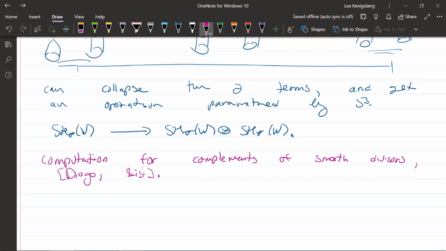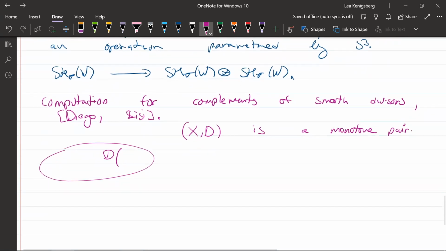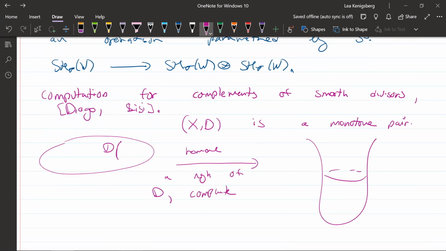The idea is if you start with a complex symplectic manifold X which has a submanifold, which I'll call D, and (X, D) is a monotone pair, then you can remove a neighborhood of D and complete, and you get a Liouville domain which has very special properties.